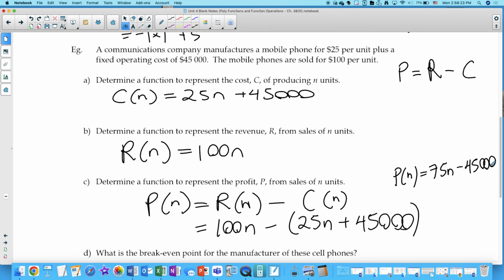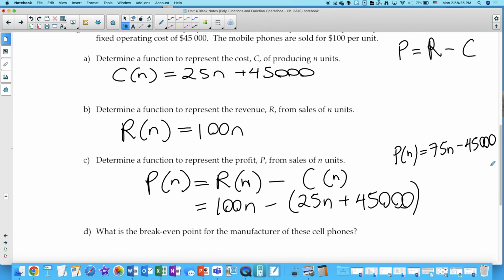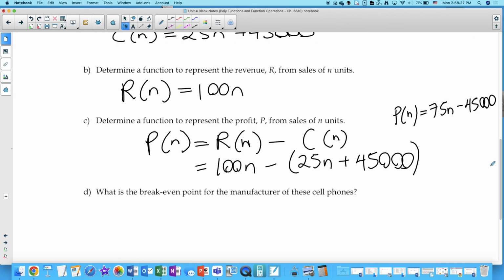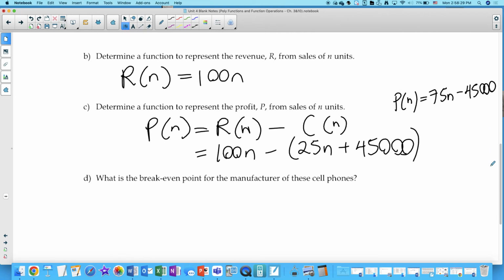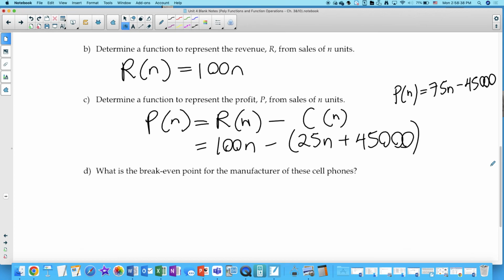Break-even point. What is the break-even point for the manufacturer? What does it mean to break even? Yeah, you don't make anything, but you don't lose anything. So break-even is when your profit equals 0. Okay, so we're going to sub a 0 in for P of n.